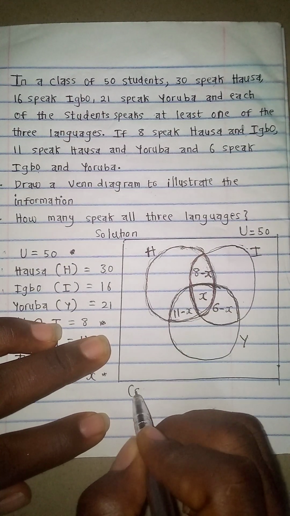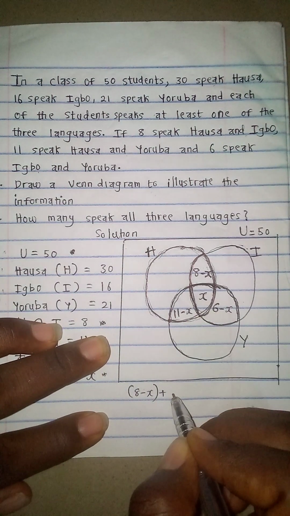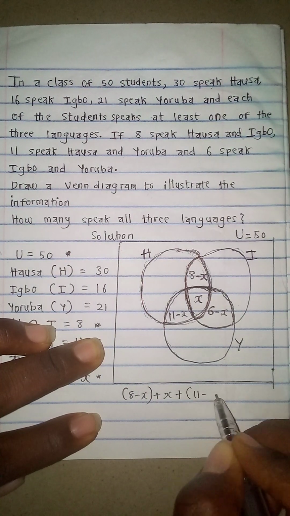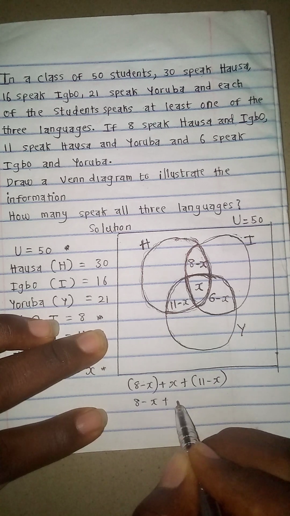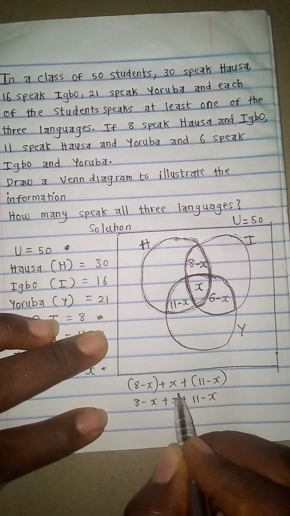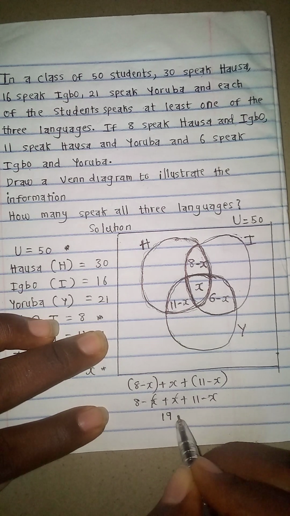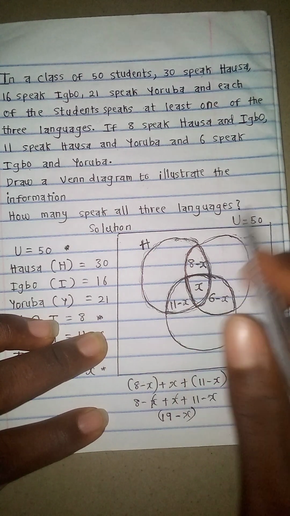So that will be 8 minus x, plus this x, plus 11 minus x. So that's 8 minus x plus x plus 11 minus x. Minus x plus x is gone. 8 plus 11 is 19. Then our minus x. So this is what we got after adding these 3 things together.